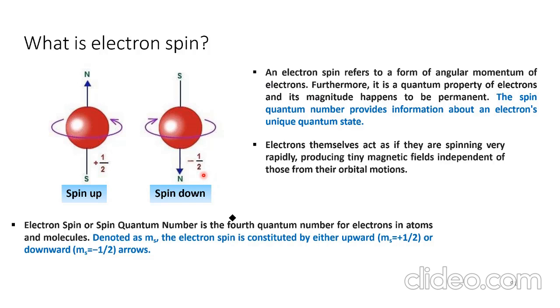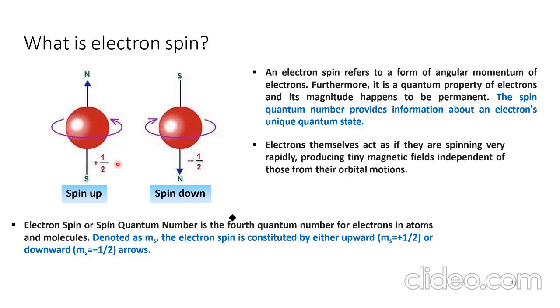And electron spin refers to the form of angular momentum of electrons. Furthermore, it is a quantum property of electrons and its magnitude happens to be permanent. The spin quantum number provides information about an electron's unique quantum state.